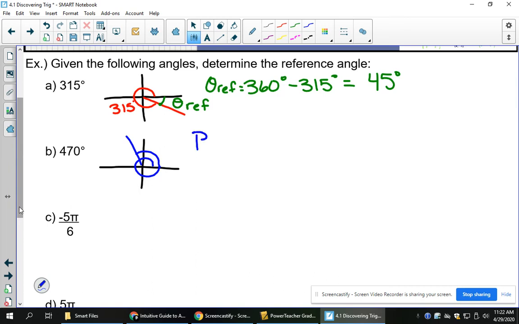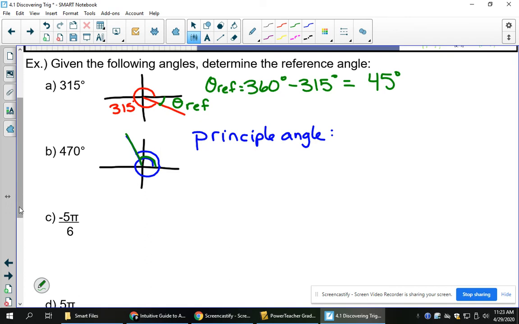Let's go back first to what the principal angle is. The principal angle is if I take out the extra circles and I just put this terminal arm back to the positive x-axis like that. How big would that be?